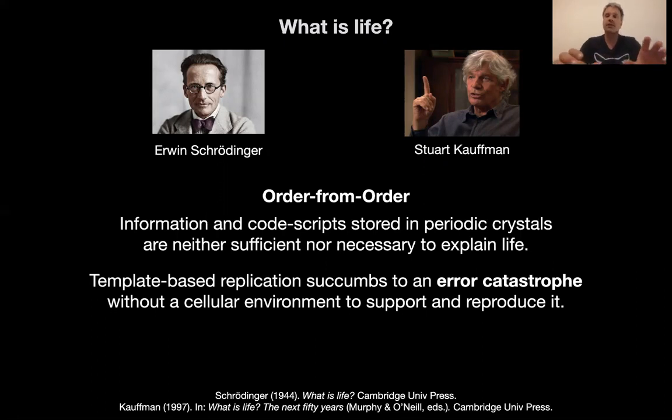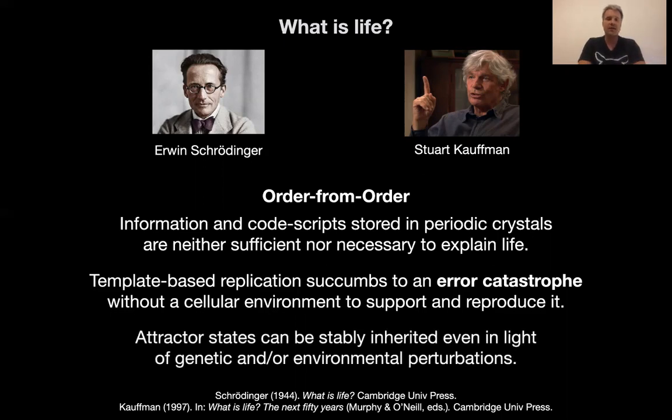We'll revisit this when I talk about the reproducer perspective on evolution. Okay, so there is no copying of genetic material without an organism, and that organism has very mysterious properties of self-organization, of being able to kill errors in ways we don't understand yet. But maybe it has something to do with attractor states that can be stably inherited even in light of massive genetic and environmental perturbations.